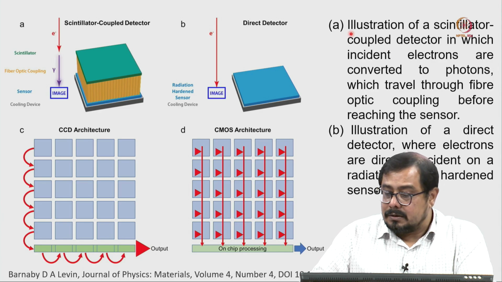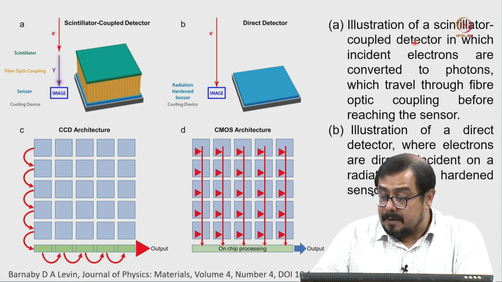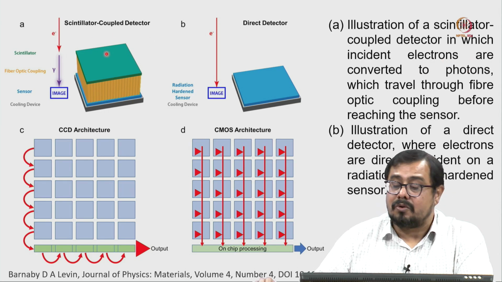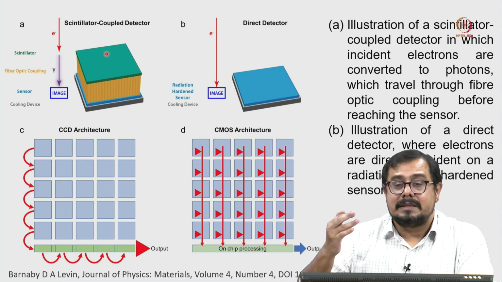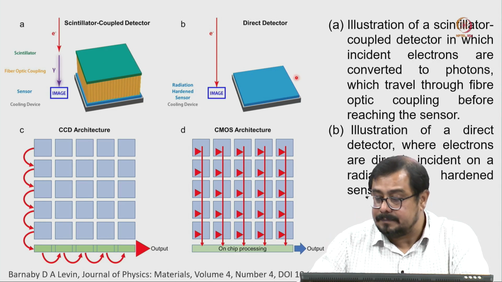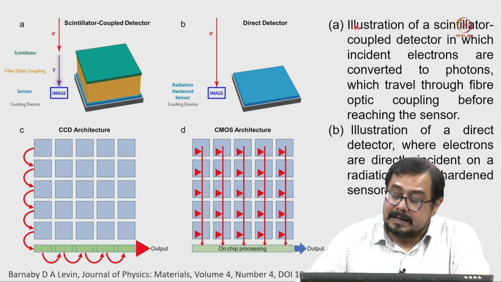So, this is the illustration of the scintillator coupled detector, in which the incident electron is first converted to a photon, and then the photon is transferred and recorded by the sensor, traveling through a fiber optics coupling before reaching the sensor. That is a drawback of the charge coupled device.